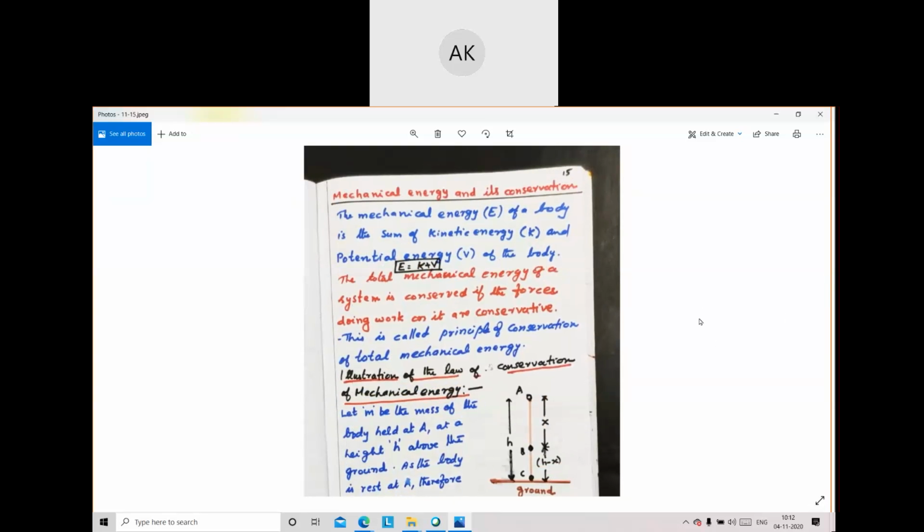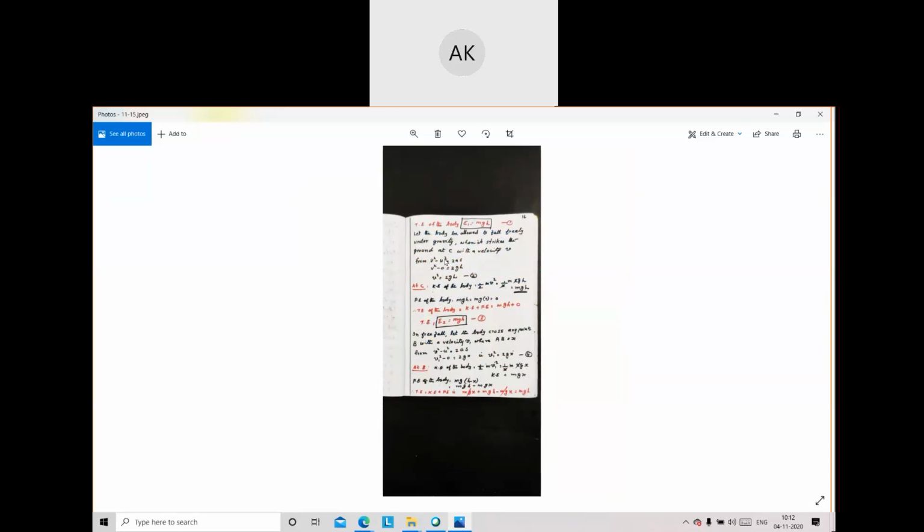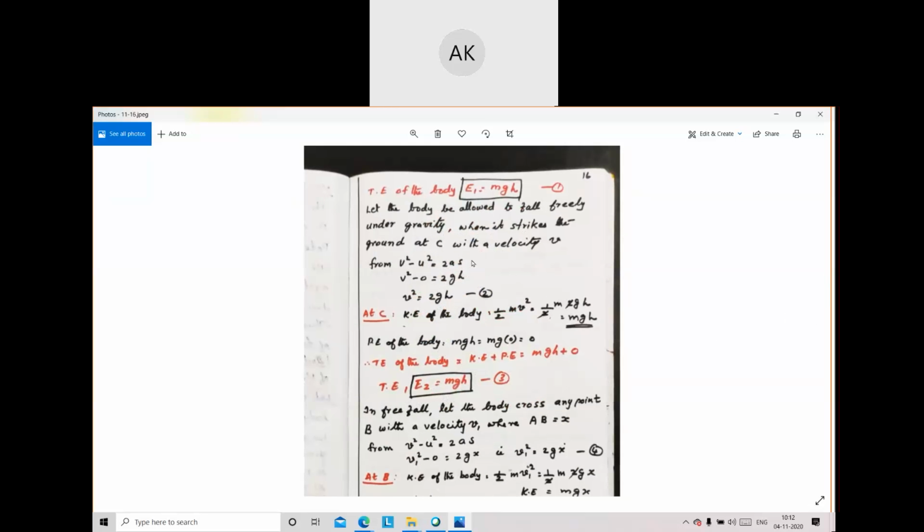Then at C, what is the total energy at C? Let the body be allowed to fall freely under gravity and strike the ground at C with a velocity v. Just before it hits the ground, that is the point C, the lowermost point.